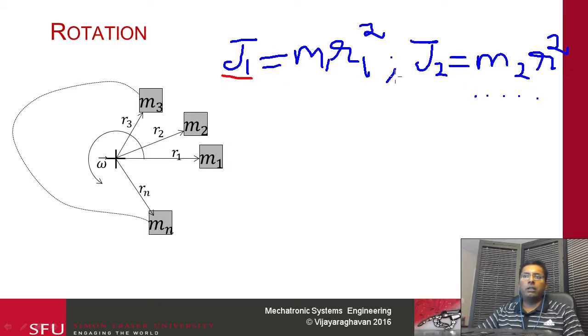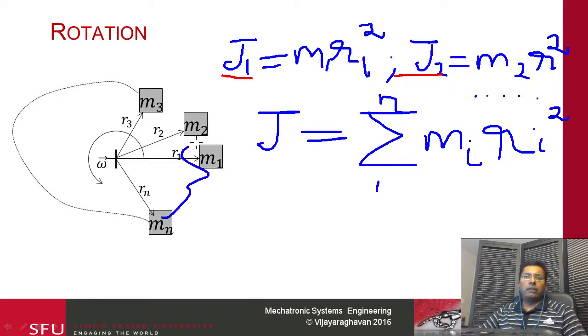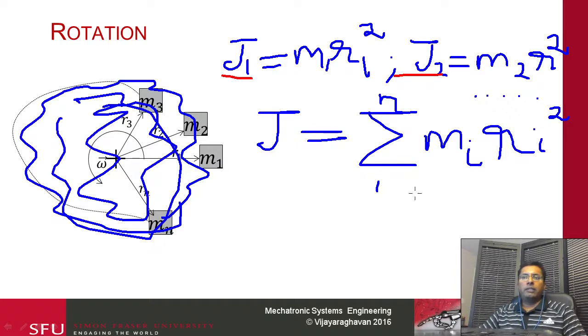So you'll add J1, J2, and so on, and my total J becomes the summation of Ji, which is the summation of Mi Ri squared, from 1 to n, if you have n particles. If it's more of a distributed thing like this, with more particles, this summation becomes an integration.